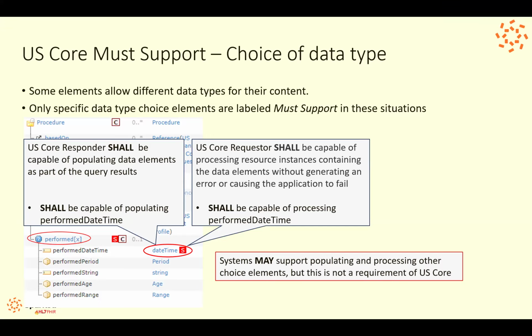So Andy, on this interaction, the responder could send a period, and that wouldn't be a problem because they're able to send a date time. So the responder sends a period, and then the requester gets a period, and they're enabled to say, "Don't send me a period, send me a date time," and then the responder would then send the information again using a date time.